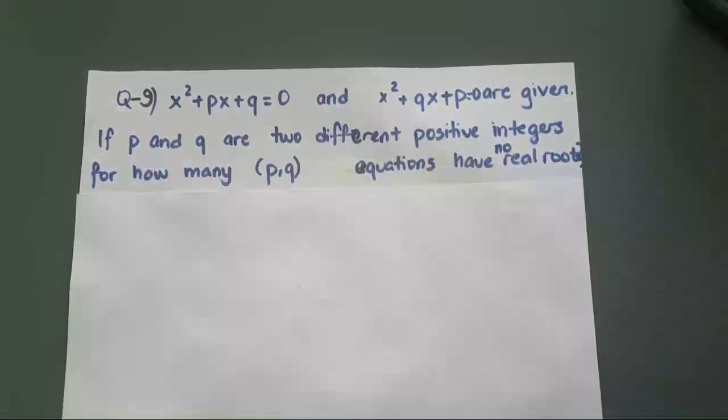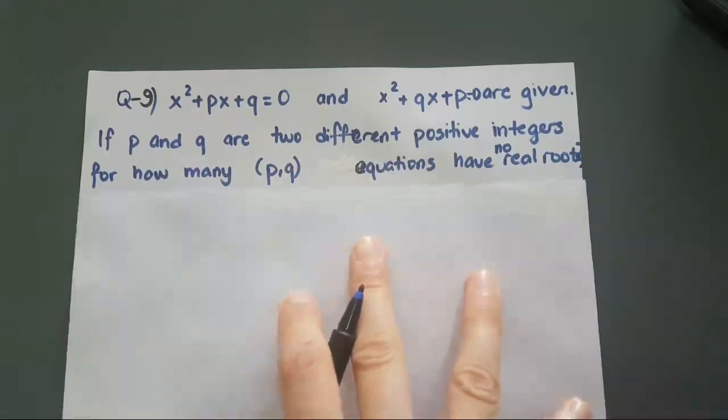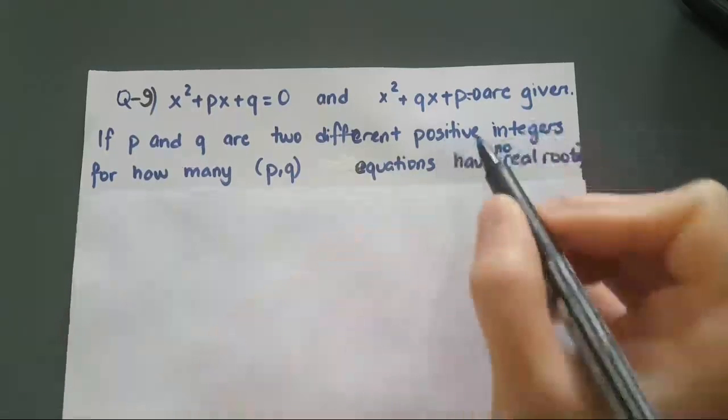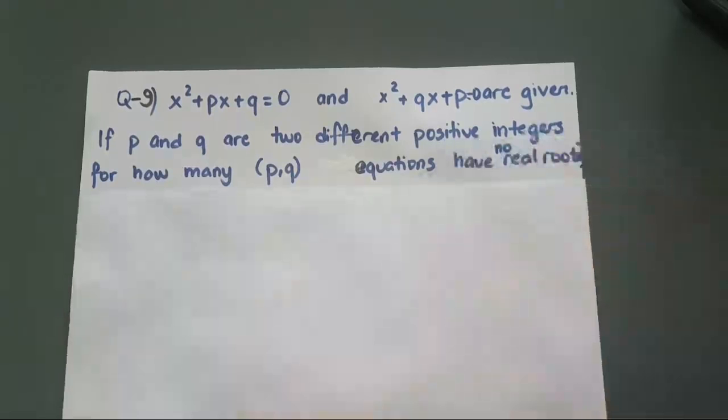Two equations are given. Again, p and q. We cannot get rid of p and q. p and q are two different positive integers. It's important, positive integers. And for how many ordered pairs p and q do these two equations have no real roots? If an equation has no real roots, then yes, with discriminants, you're right, Philip.